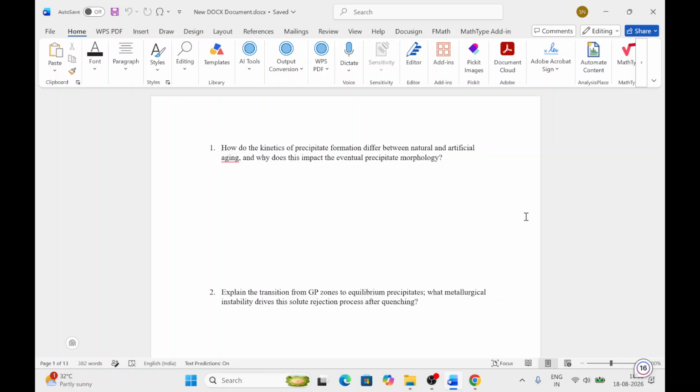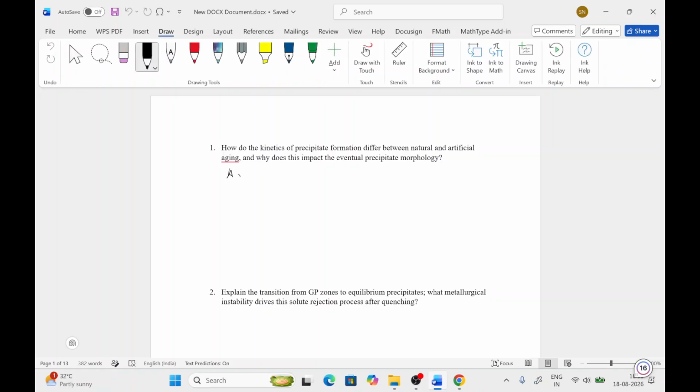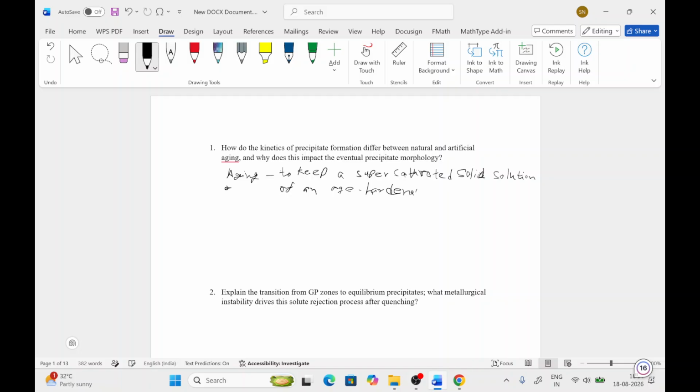So first, we know that aging is to keep the material at a temperature, to keep a supersaturated solid solution of an age hardenable aluminum alloy.